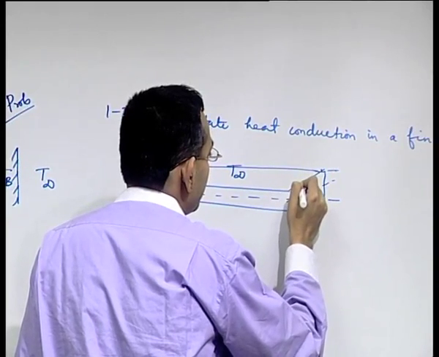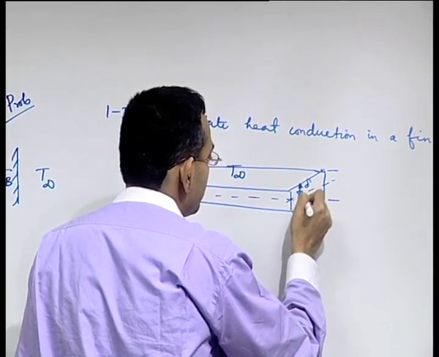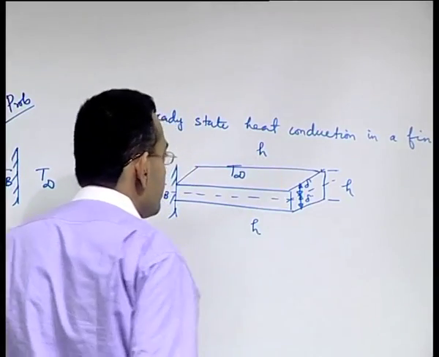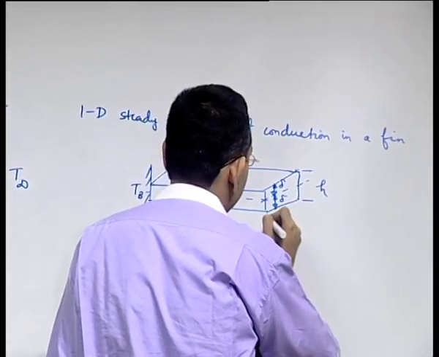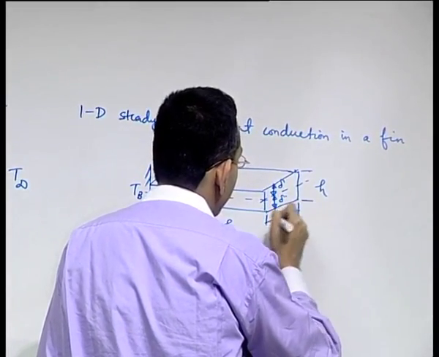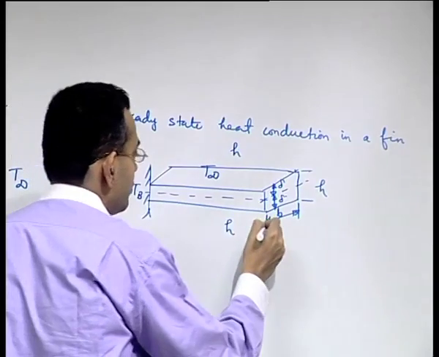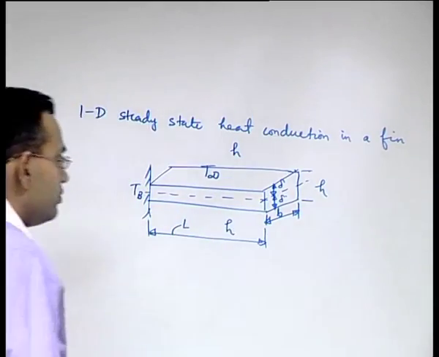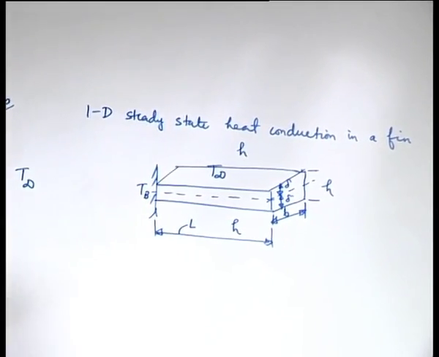Let us say that the half height of the fin is delta, the heat transfer coefficient to the ambient from all sides is H, and the width of the fin is B, the length is L. H is the heat transfer coefficient.